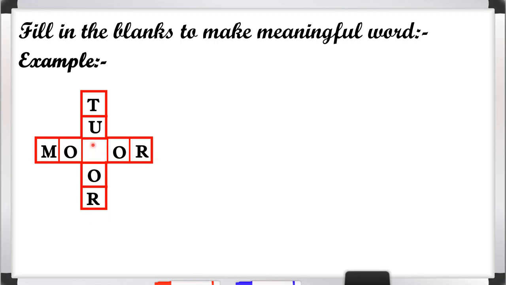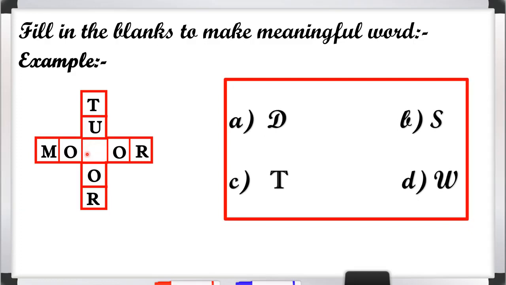It means we have to fill here one letter to complete this question. So here we have options. In option number A, it is given D. In option number B, it is given S. In option number C, it is given T. And in option number D, it is given W.